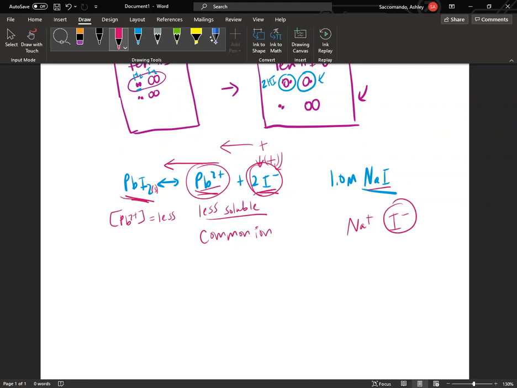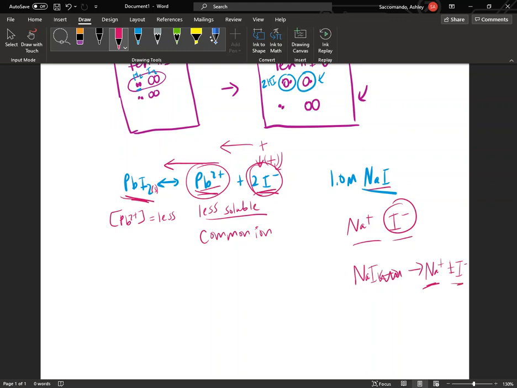Well, the only one that would decrease here is the one that's insoluble, that barely dissolves, because sodium iodide is already broken apart. This one completely dissolved. It's not even an equilibrium position, because this one pretty much just completely dissolves. You have sodium ion and you have the iodide ion.